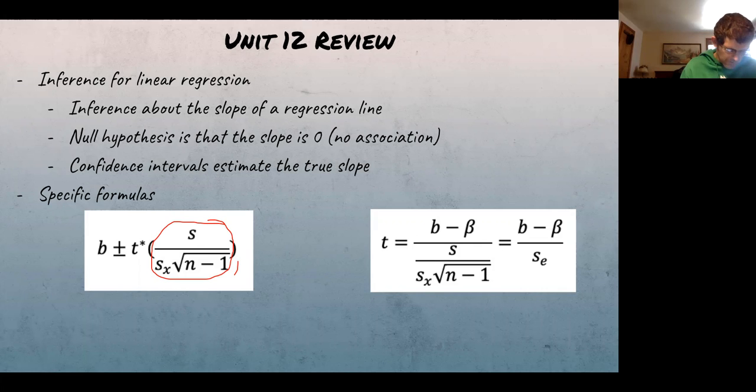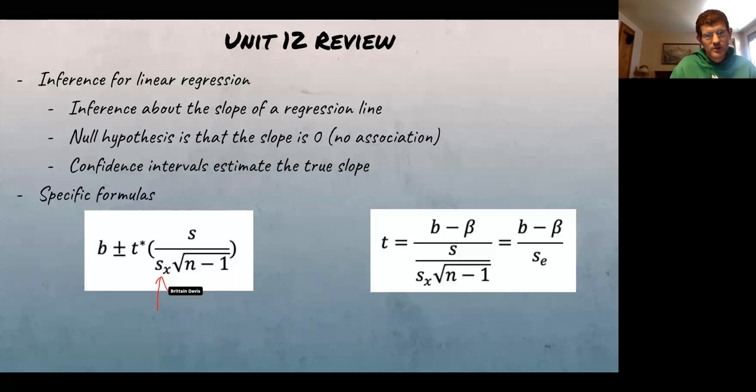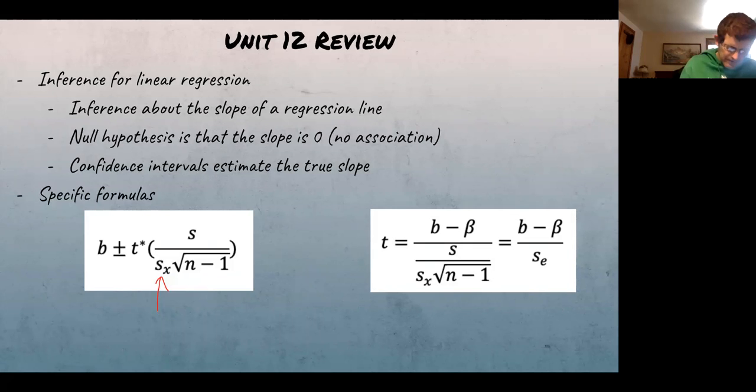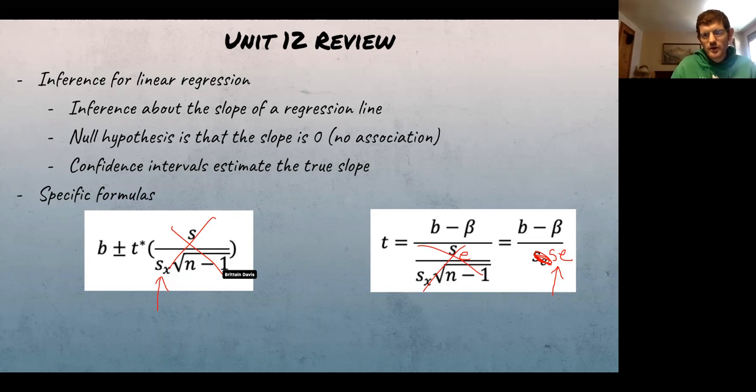And the value we usually don't have is this standard deviation of the X values. Sometimes they provide it, sometimes they don't, but they always provide the standard error. And this is where I made a mistake. It's not S sub E. This should just be SE for standard error. They always will have a printout with a standard error. So frequently we can ignore this, except maybe to show it in our work. But we don't actually need to plug values in a lot of the time.